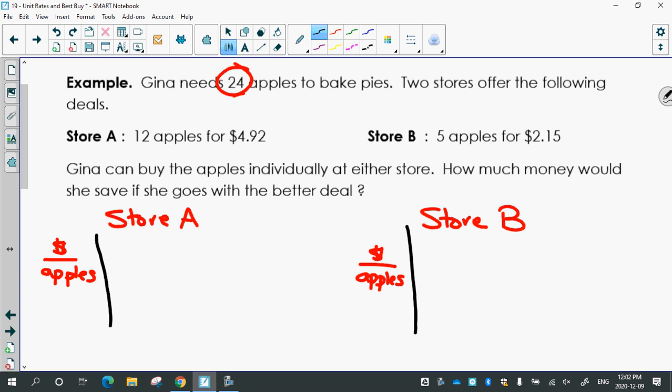And the way they set the question up, it's really easy to make the left side of each proportion. So for store A, we know that it's $4.92 for 12 apples. And we want to know how much it costs for 24. So x is going to be on top for money because we want to know how much it costs for 24 apples. And then you just have a proportion to solve.